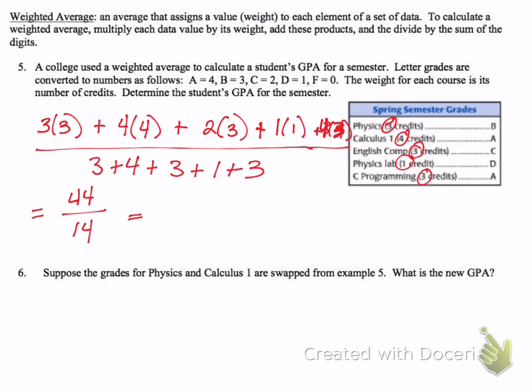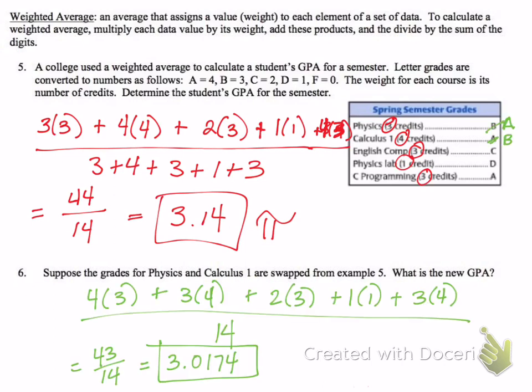And then what would your GPA be when you type that in? What decimal? So 3.5. 3.14, pi. No way. That's a good GPA right there.